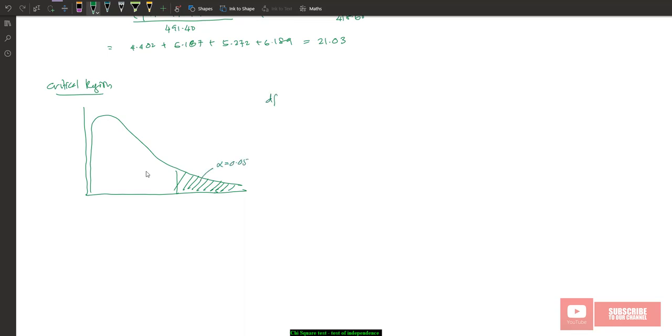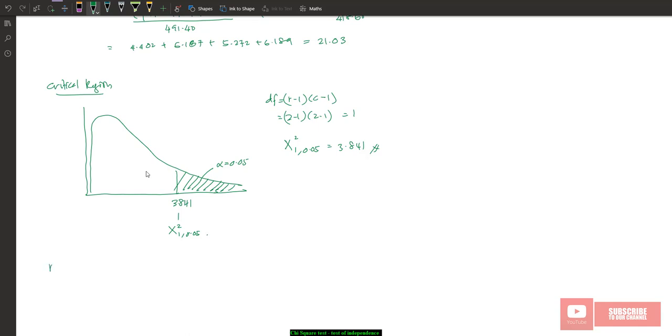The degree of freedom is the number of rows minus 1, multiplied by the number of columns minus 1. So 2 minus 1 multiplied by 2 minus 1 is equal to 1. The chi-squared with 1 degree of freedom at 0.05 is equal to 3.841.